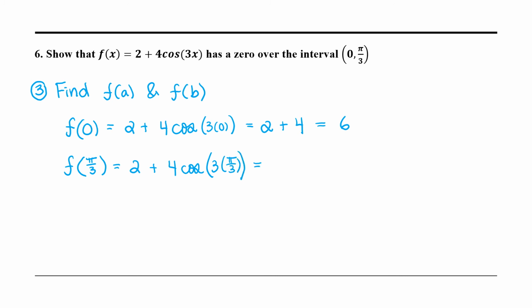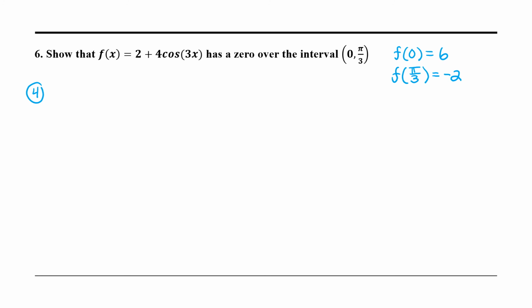So that's 2 plus 4 times cosine of 1 pi. So that's 4 plus negative 4, which is equal to negative 2. So I found my f of a and my f of b. So f of 0 is equal to 6, and f of pi over 3 is equal to negative 2.